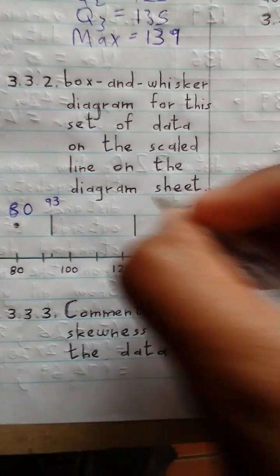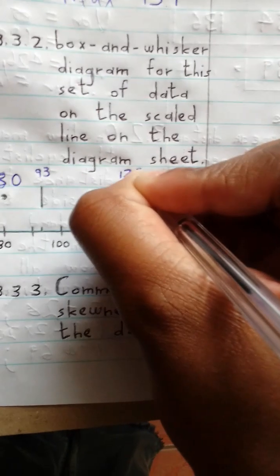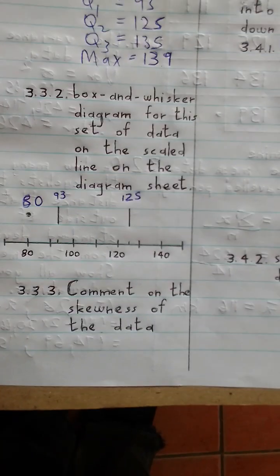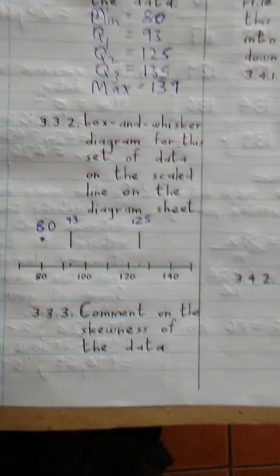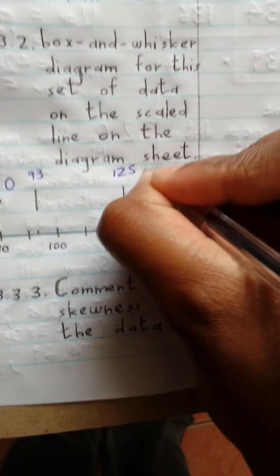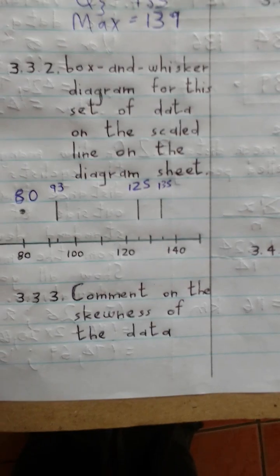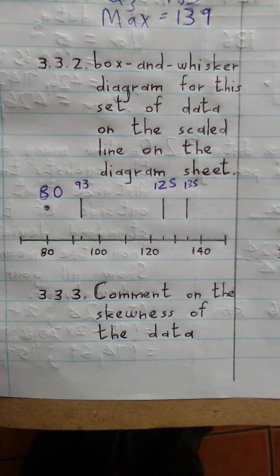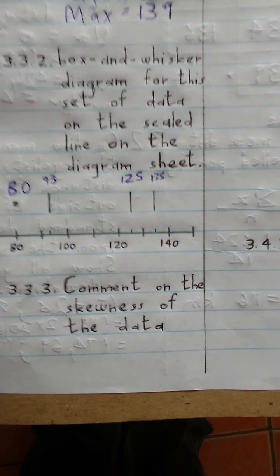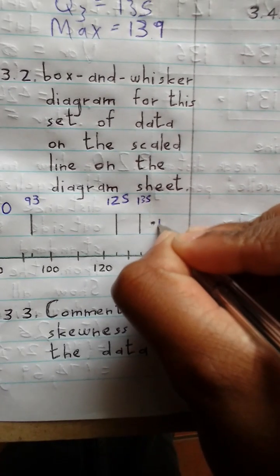So there it is, 125. Third line 135. There it is, 135. And then the last one is 139. So this is 139.